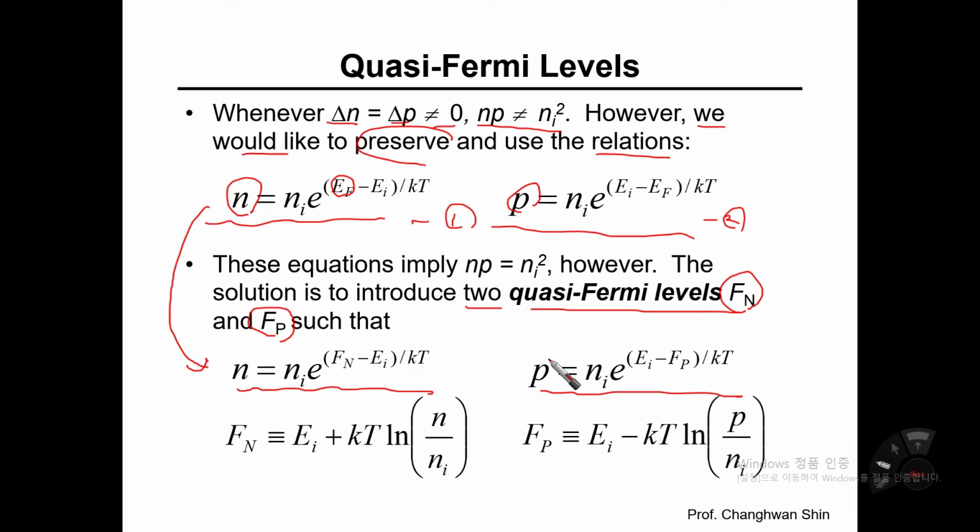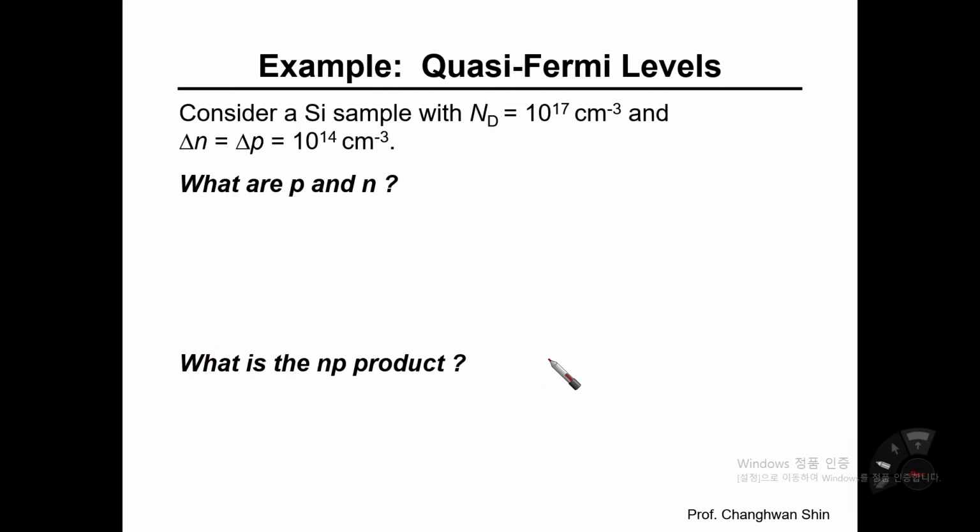We can still use the same format if we adopt the quasi-Fermi energy levels F sub n and F sub p. Then we can preserve those two equation formats. By solving a single example problem, we can better understand what the quasi-Fermi energy levels are.